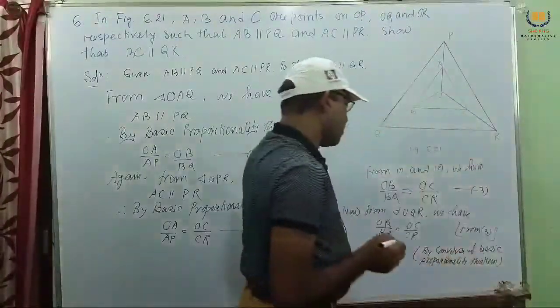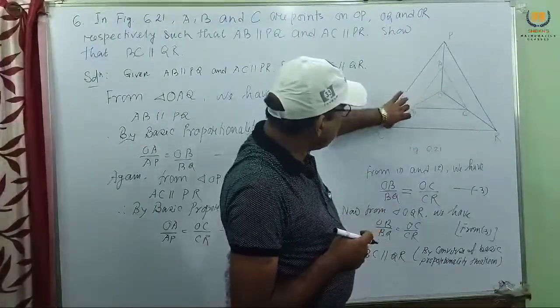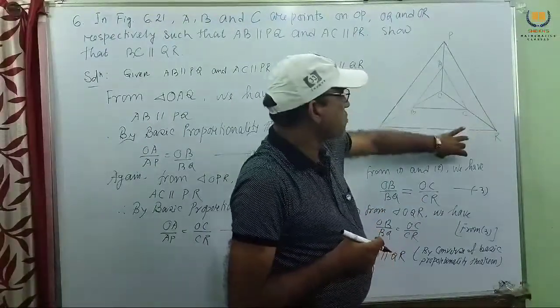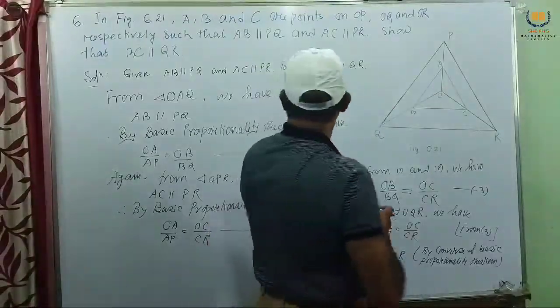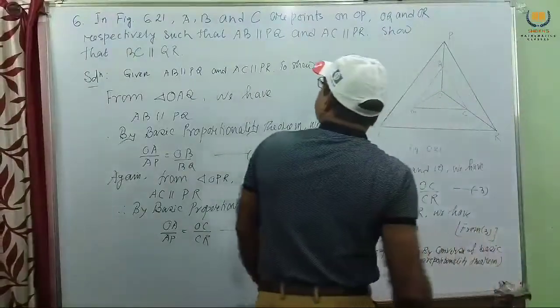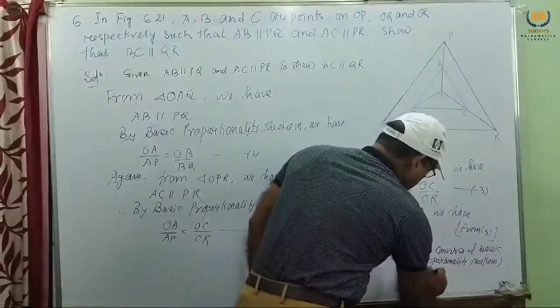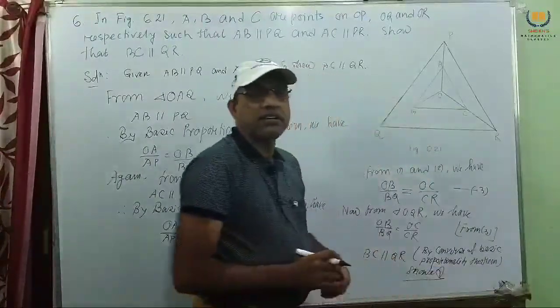Obviously these two are parallel, and this is our proof. BC parallel QR, hence proved. This is our total proof.